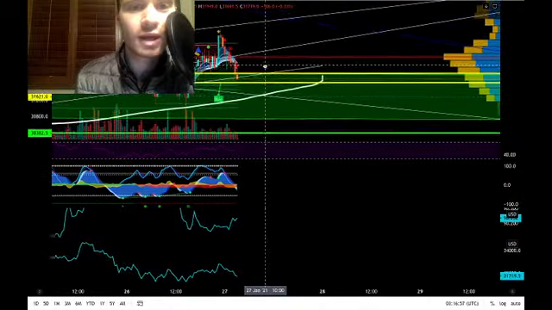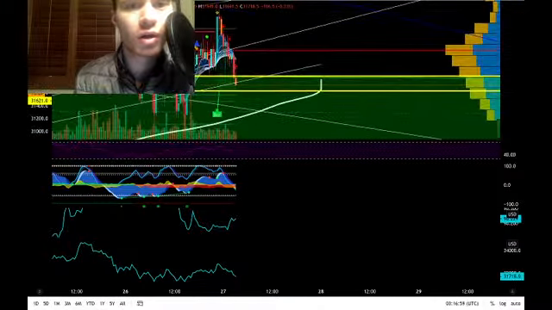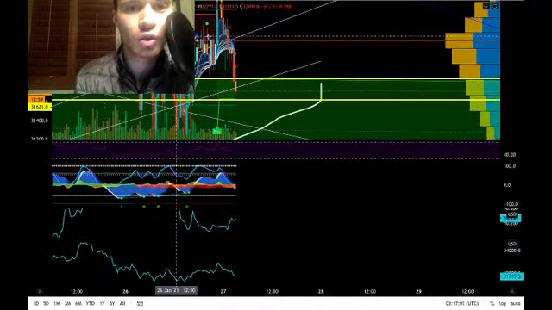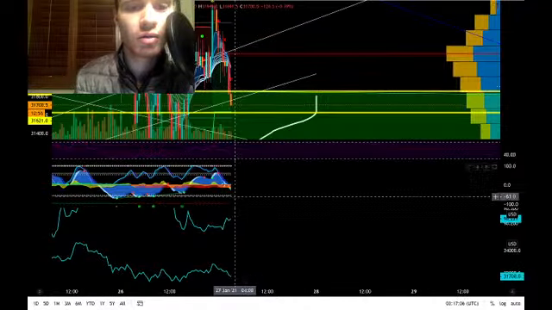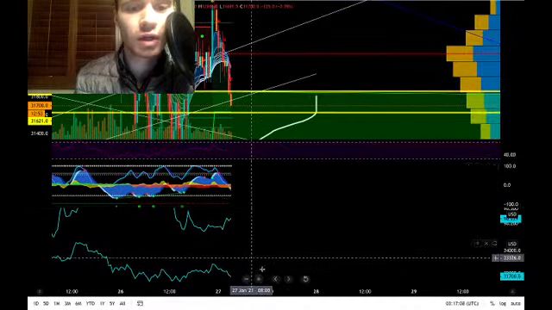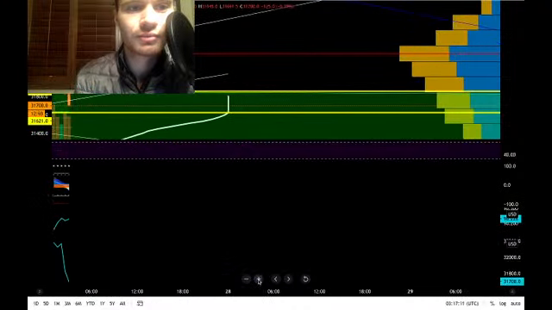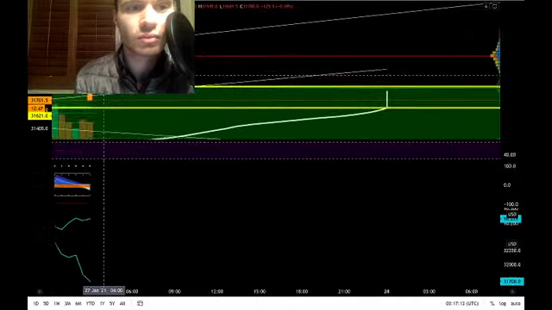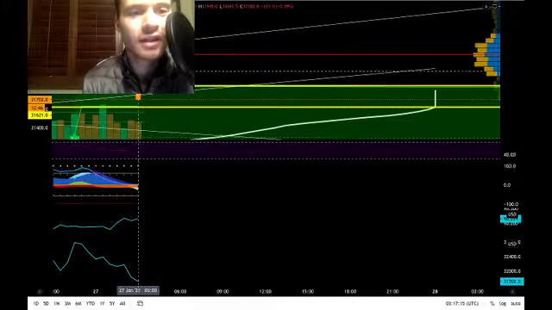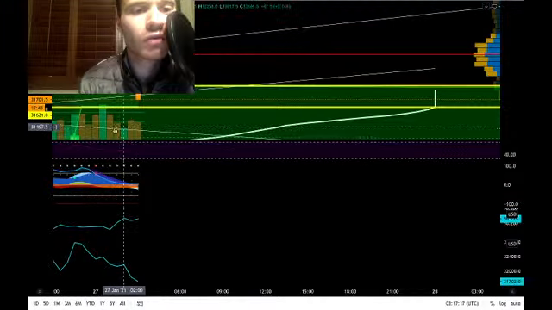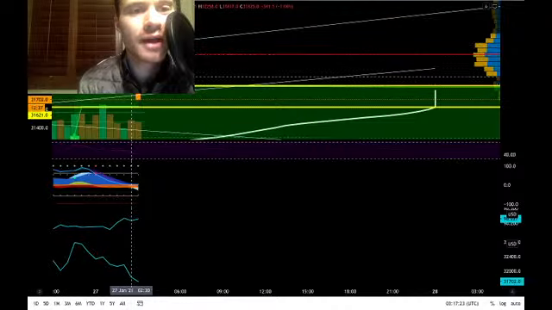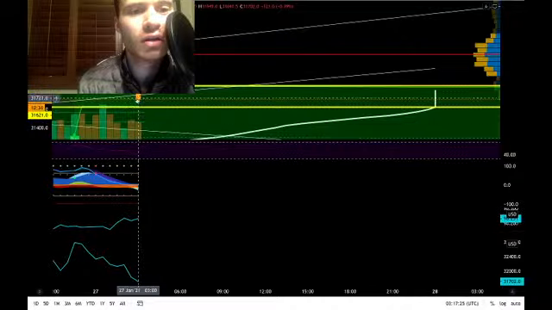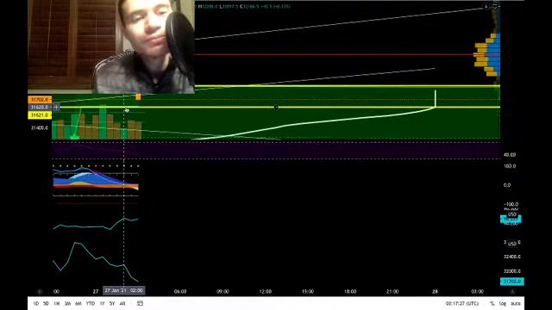Oh wow, Market Cipher is saying short on the 30-minute right here. Wow, yeah, that is pretty. So off of something like this idea, again, volume isn't necessarily where we would want it, but this is definitely towards the right idea, especially with this nearly following.